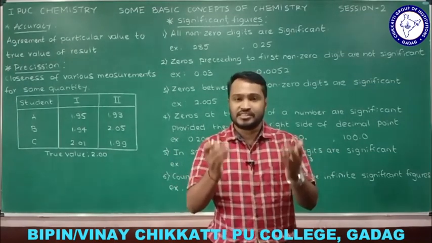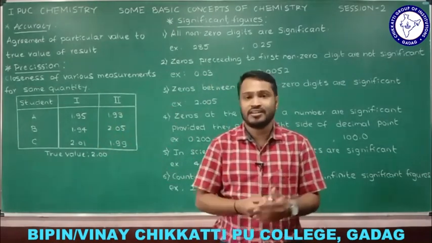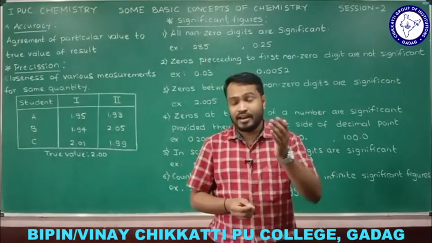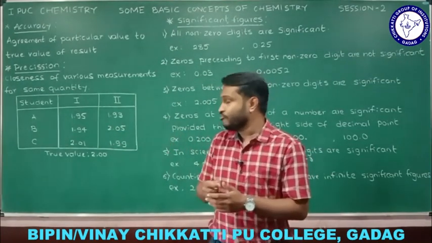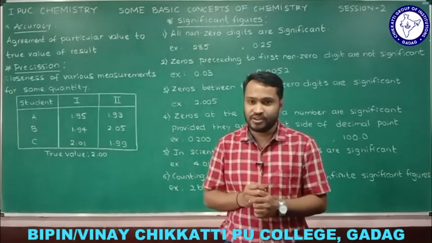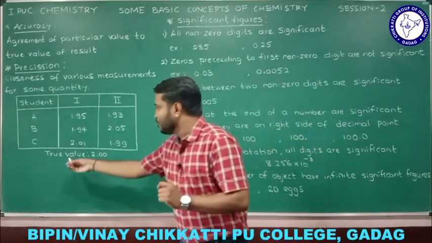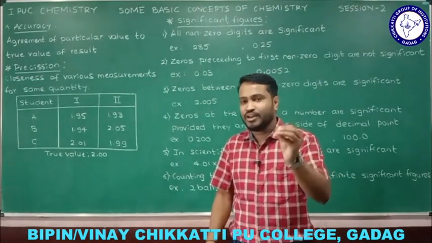Due to the presence of errors, the students get such different readings. Now we'll see which student is more correct, more accurate, more precise. So now keep in your mind the true value is 2.0. Fix that the exact or true value is 2.0.